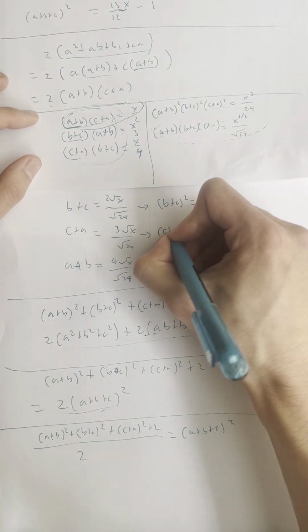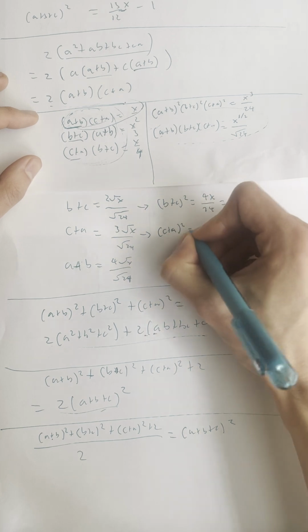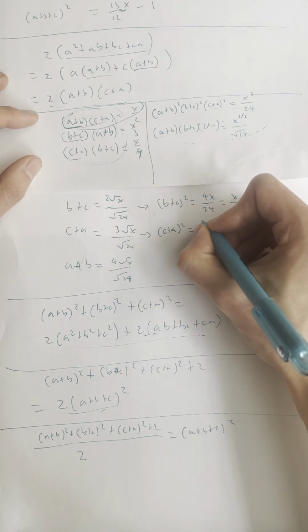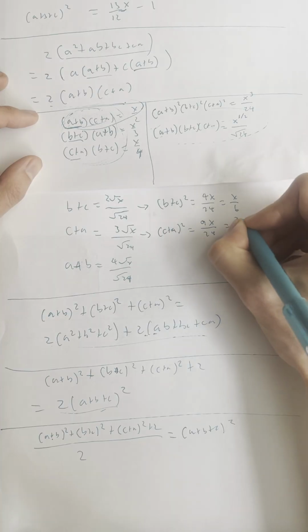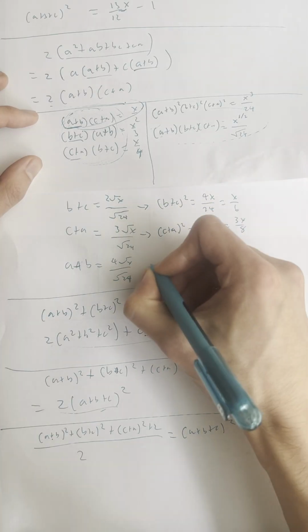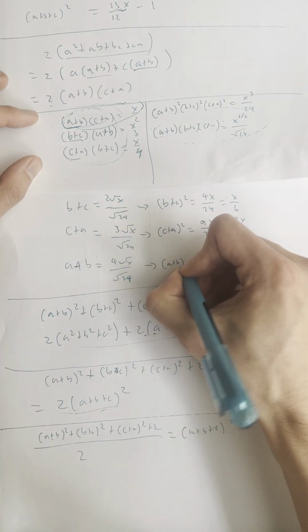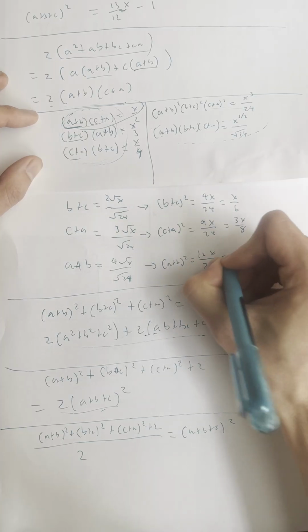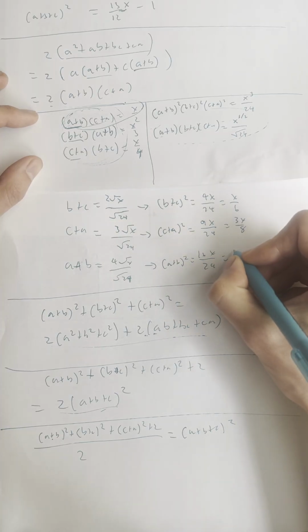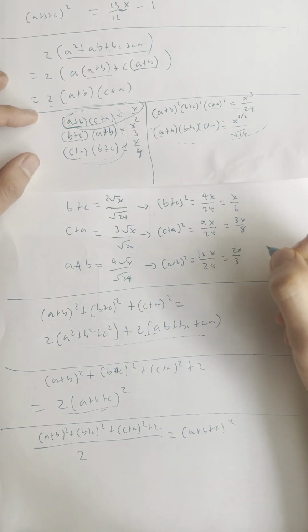And then c plus a squared is equal to 9x over 24, which is 3x over 8. And then a plus b squared is equal to 16x over 24, divide by 8, so 2x over 3.